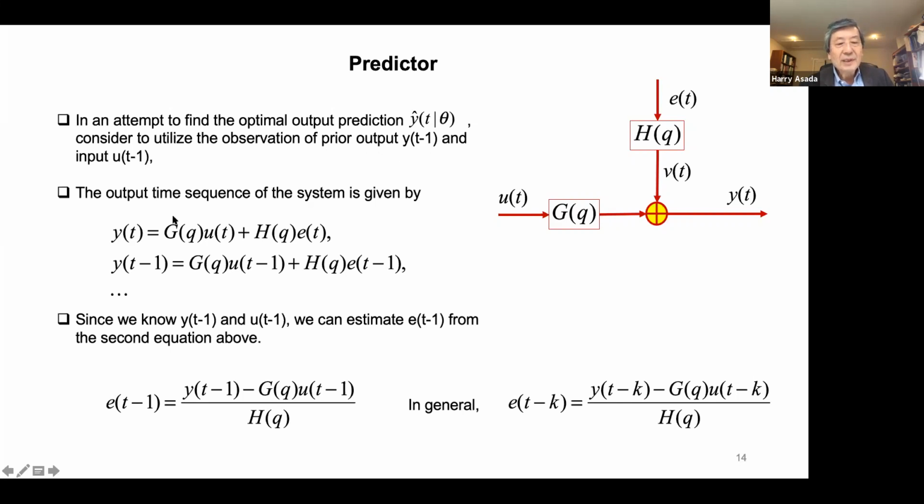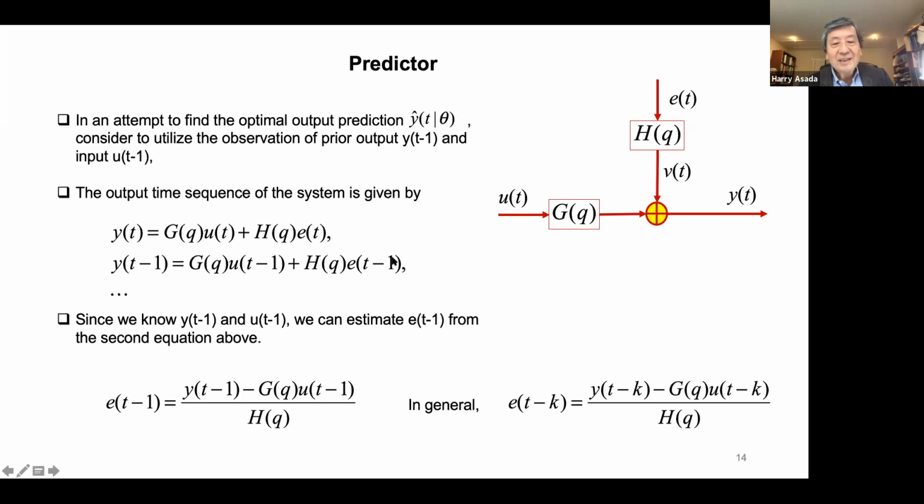If you write out the output y(t) coming from these two pathways, we can write y(t) = G(q)u(t) + H(q)e(t). One time step back, we can write a similar equation: y(t-1) = G(q)u(t-1) + H(q)e(t-1). We say that e(t) is totally unpredictable.